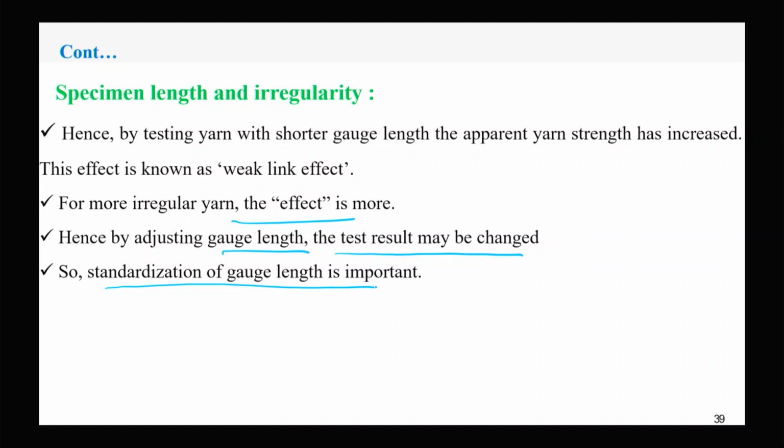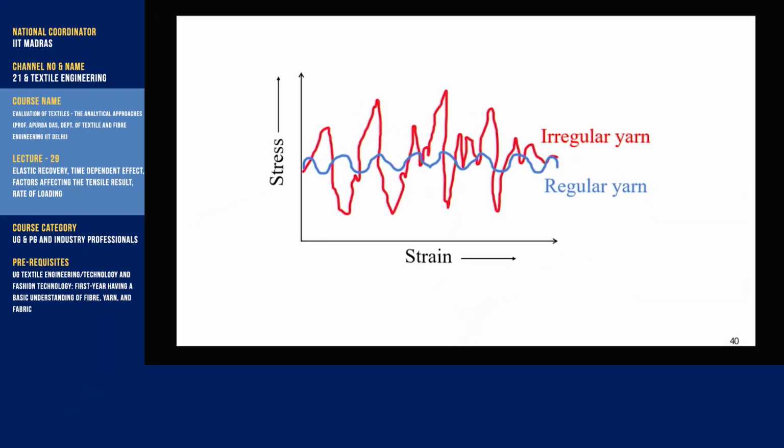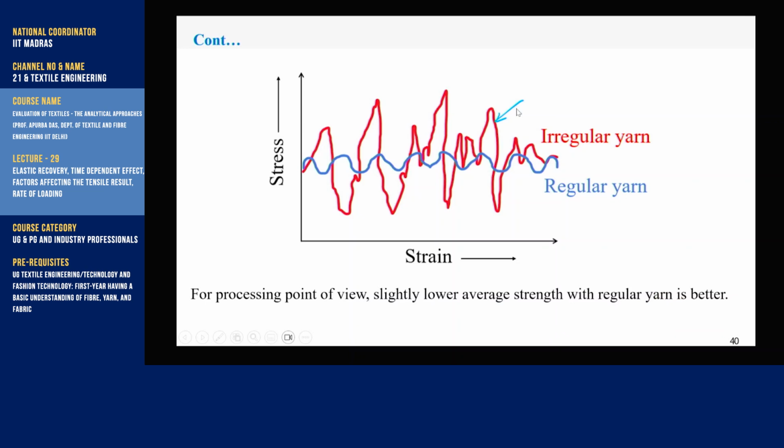For any standard procedure, gauge length is important. If we change the gauge length, the test result will change. So we have discussed regular yarn and irregular yarn. The irregular yarn will have more weak link effect than regular yarn.